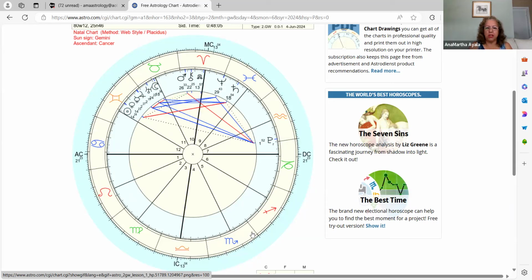That's why we don't budge in these areas too much. And then you have cadent houses, which are houses 3, 6, 9, and 12. Now, these houses are mutable. They're adaptable. The energy is of closing cycles, okay?